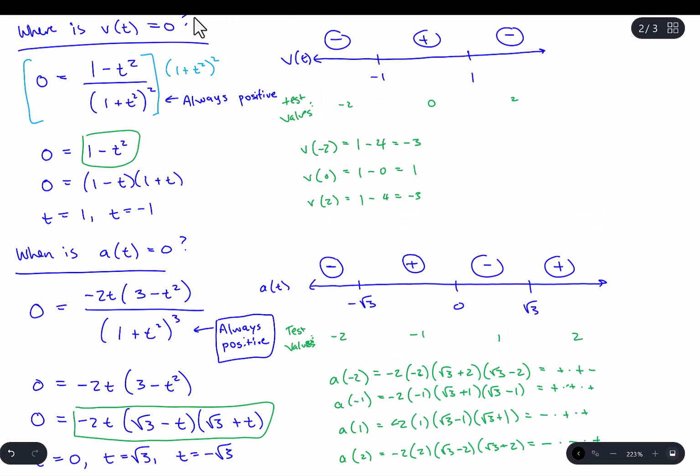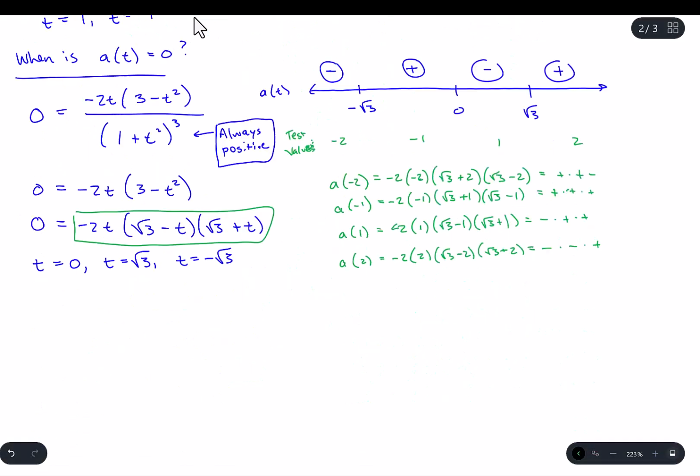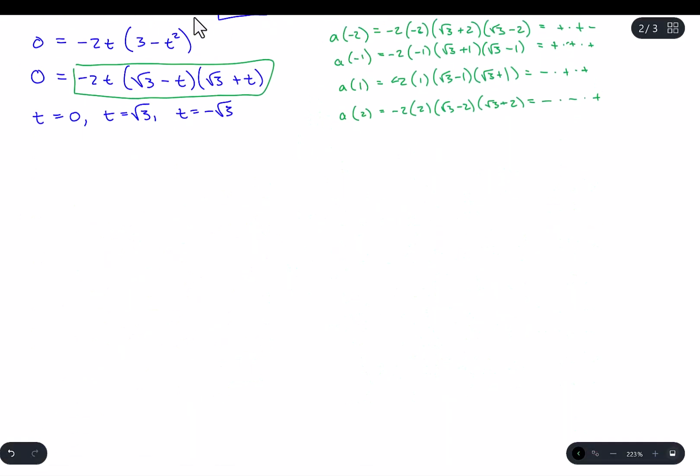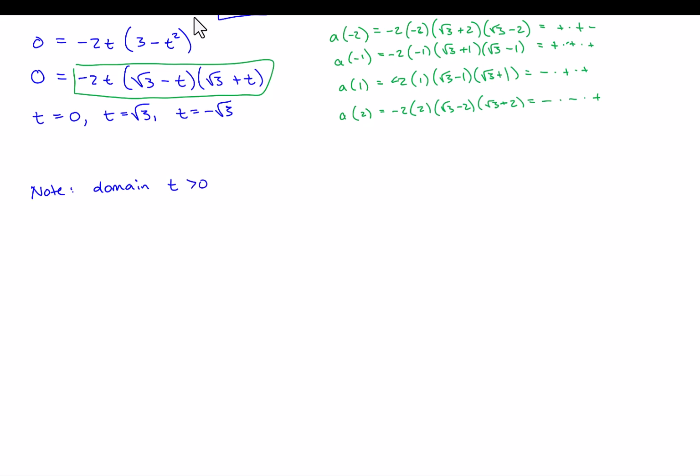Okay, so these two number lines tell me everything that I need to know. I'm going to join them together kind of down below here. One thing I'm also going to note is the domain is only valid for where t is greater than 0. So you know what? I'm just going to start ignoring those values. I'm only going to look at, say, the velocity function starting with t equals 0 and then going to infinity. All right, so we had a point at 1 that was important, and then that was it, okay?